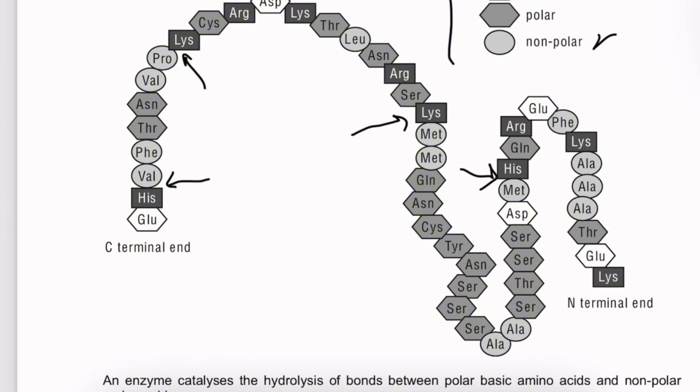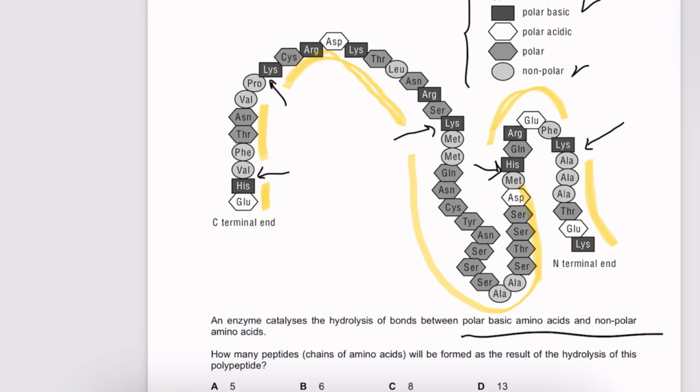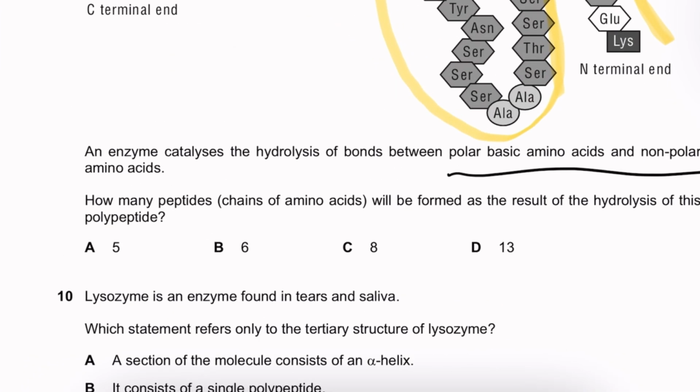And then you also have one here, and that's it. So this leaves us with this one, and then 2, and then 3, and then 4 here, and then 5 and 6. So it's 1, 2, 3, 4, 5, 6 chains. So this should be B.